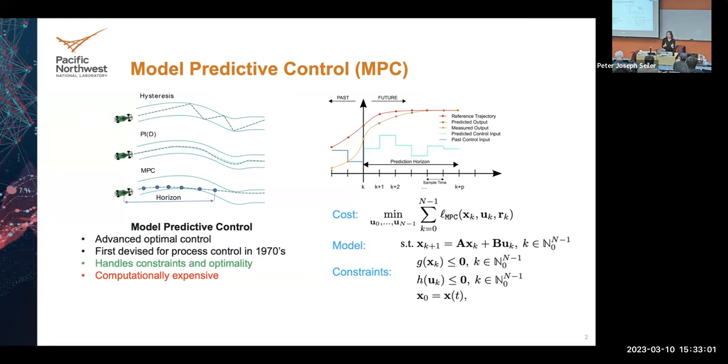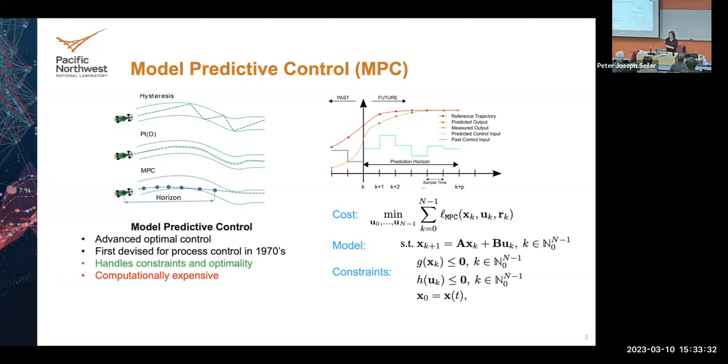And based on the model, one can make predictions and can optimize for the control decisions that would minimize or maximize a particular cost function. Then once the solution is found, the first decision is being implemented in the system. The system evolves over one sample time. Then measurements are taken again, and this loop is repeating.